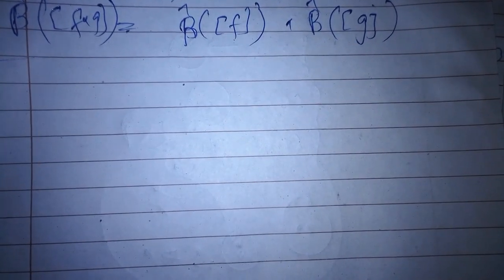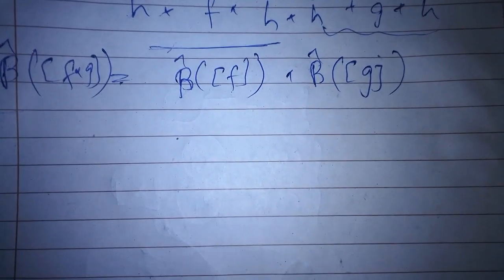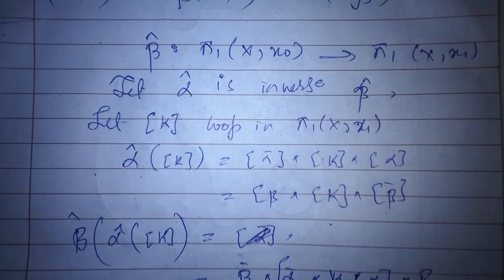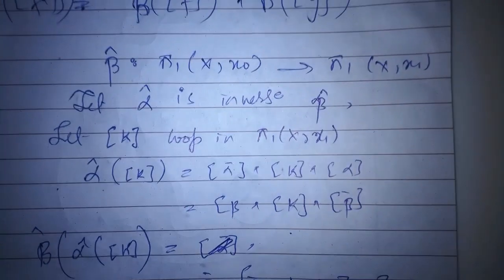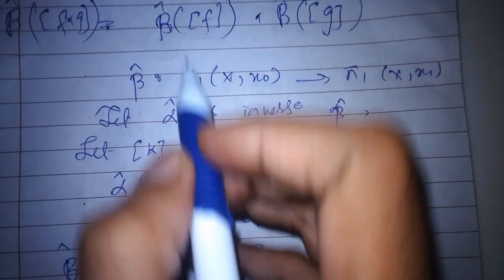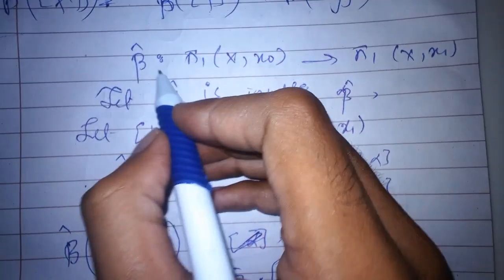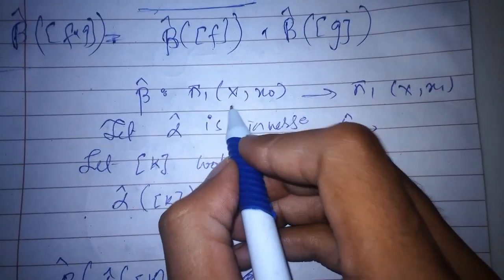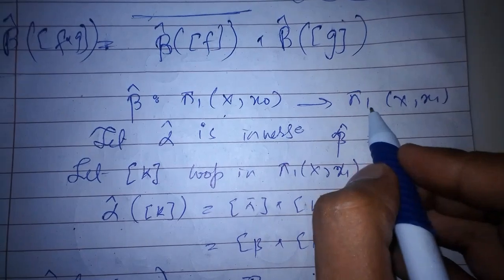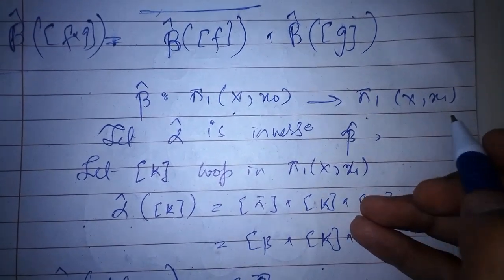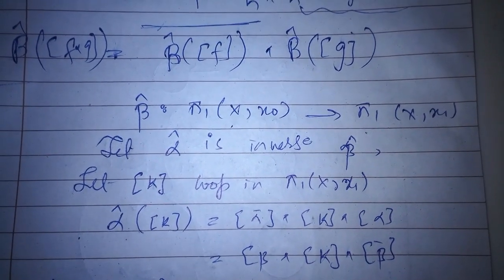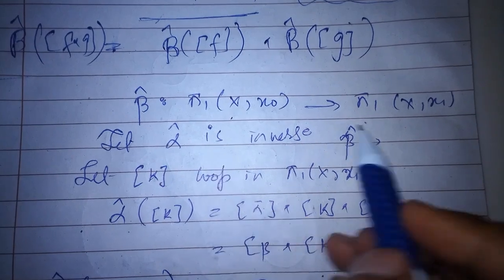Now we are going to explain isomorphism. As we know, beta cap is a map from the first fundamental group of x, x naught to the first fundamental group of x, x1. Let alpha cap be the inverse of beta cap.